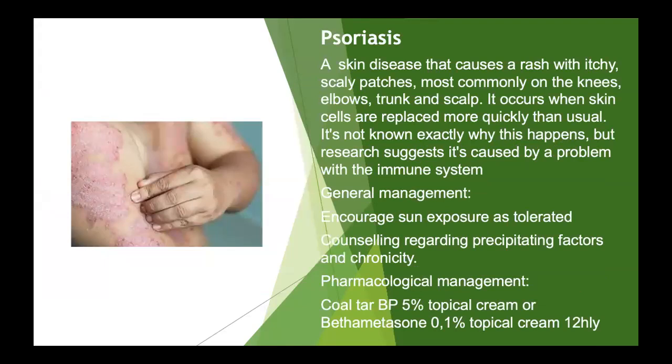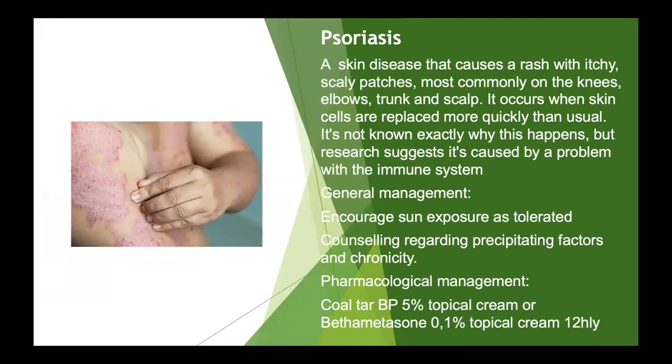Next one would be psoriasis. So it's a skin disease that causes a rash with itchy, scaly patches, most commonly on the knees, elbows, trunk, and scalp. It occurs when skin cells are replaced more quickly than usual. So it's not known exactly why this happens, but research suggests it's caused by a problem with the immune system.